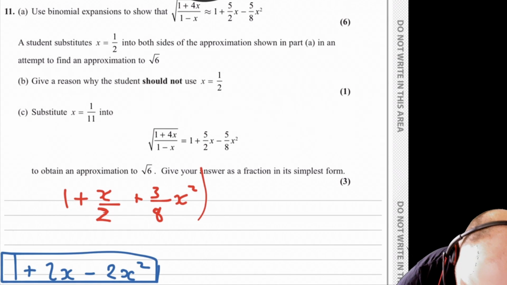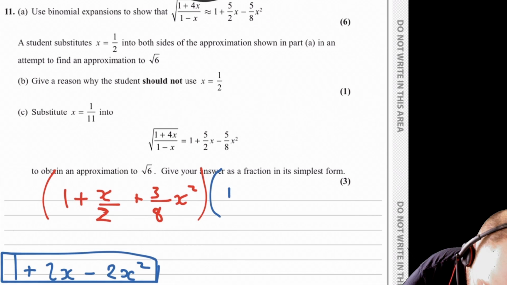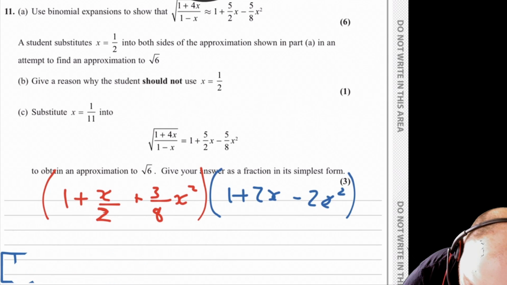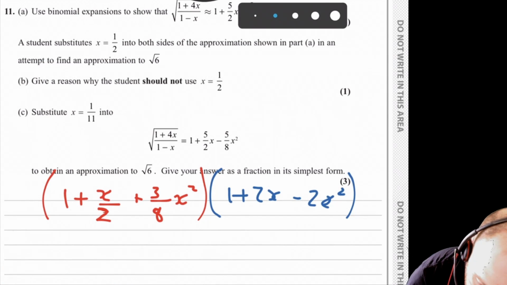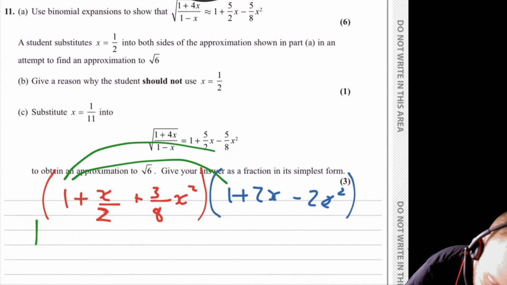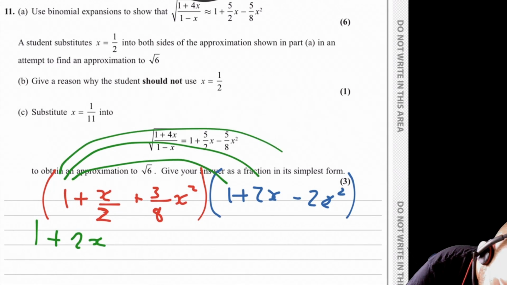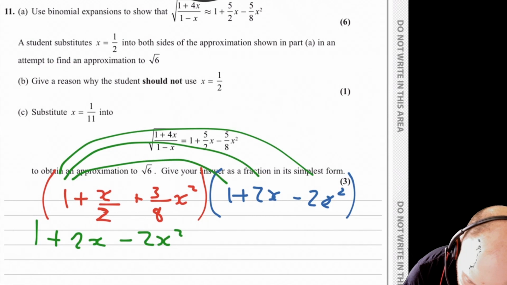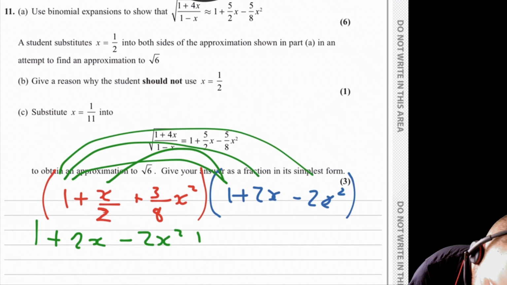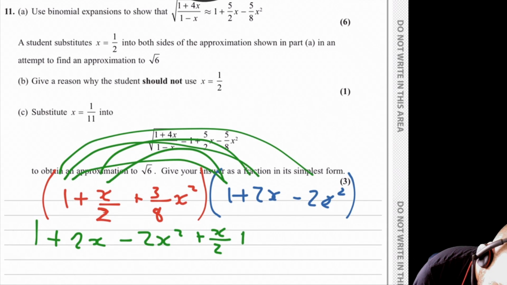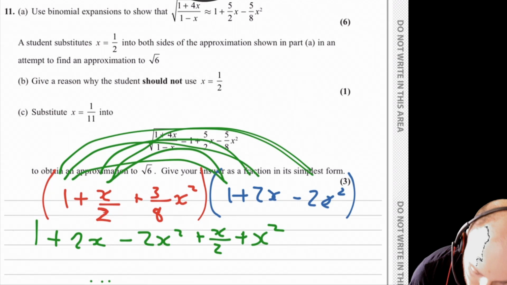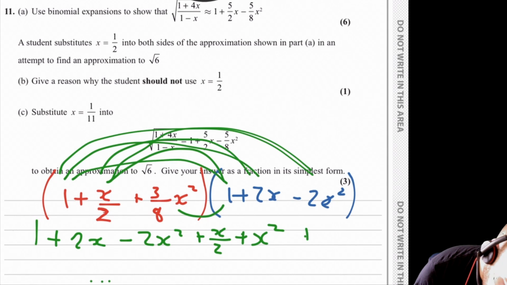Timesing that by 1 plus 2x minus 2x squared. 1 times 1 gives us 1. 1 times 2x gives us 2x. 1 times minus 2x squared gives us minus 2x squared. Okay, and now let's do the next one. x over 2 times 1 is plus x over 2. x over 2 times 2x is going to be x squared, so plus x squared. And the next term is going to be x cubed, so we're not going to do it.